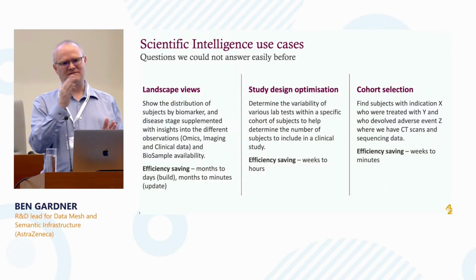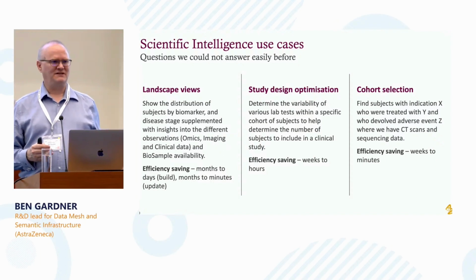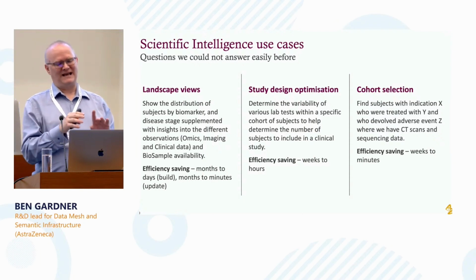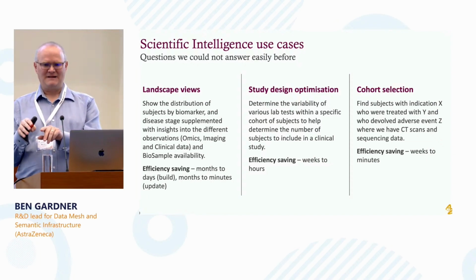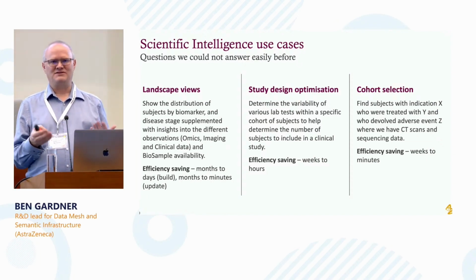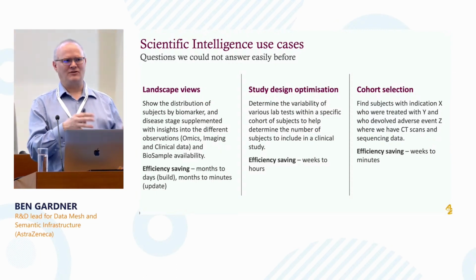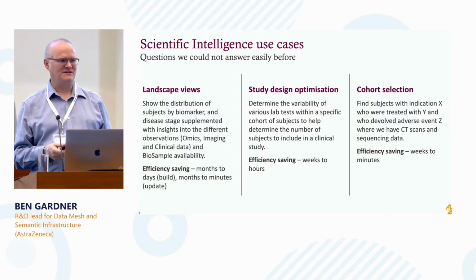So it might be the different stages of a cancer and the different types of populations that they generally see, and they want to know, how much data do they have that has a proteomics measurement and has a particular staining type analysis that's been done on it. And the questions they're asking strategically is, should they be investing in purchasing more data of this type to help fill out the holes in that matrix.